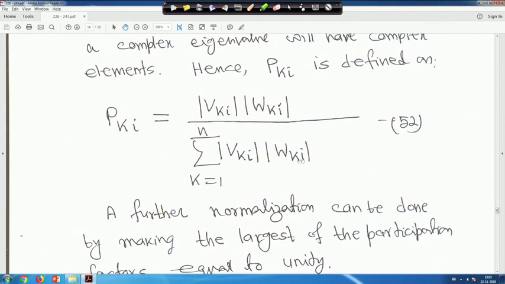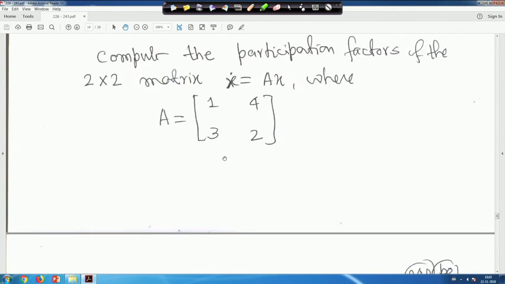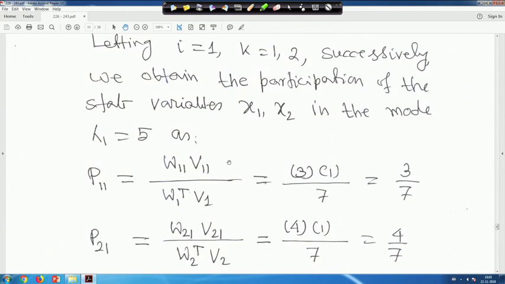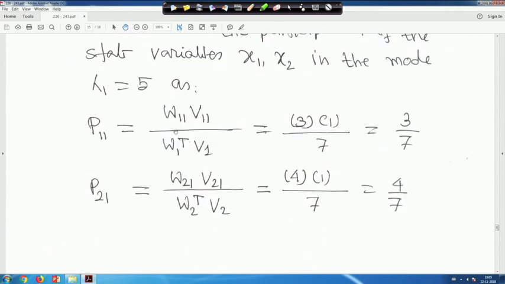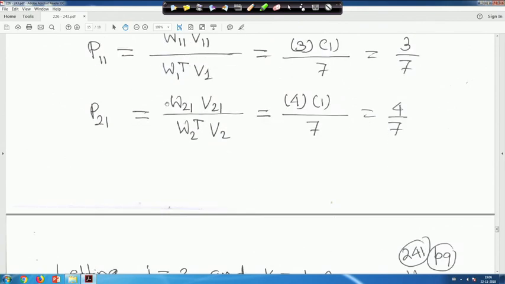If you simplify, P11 will become W11 V11 upon W1 transpose V1, because the other term will become 0. So it will be 3 into 1 upon 7, that is 3 by 7, and P21 is W21 V21 upon W2 transpose V2, it is 4 into 1 upon 7, so 4 by 7. If you add them, P11 plus P21 will become unity.